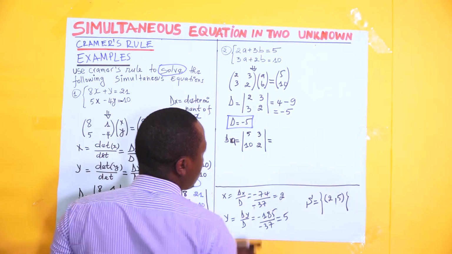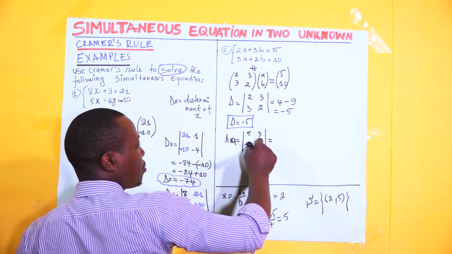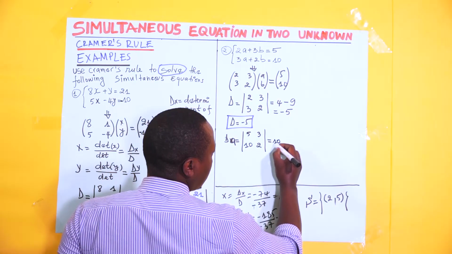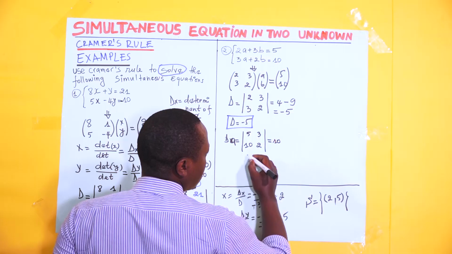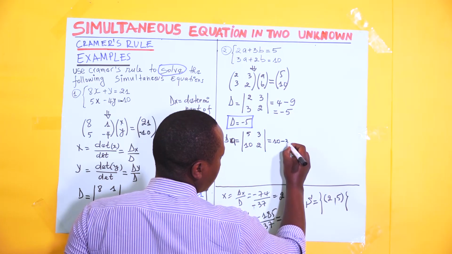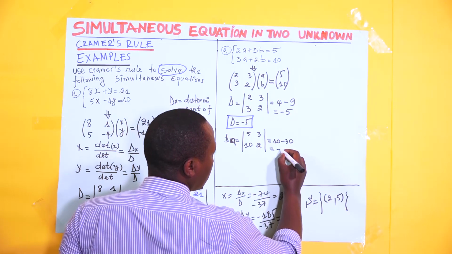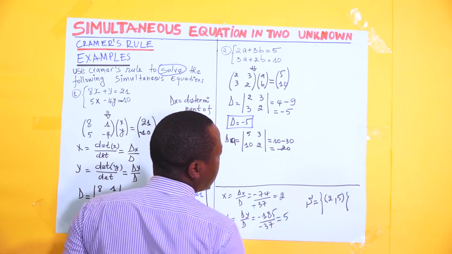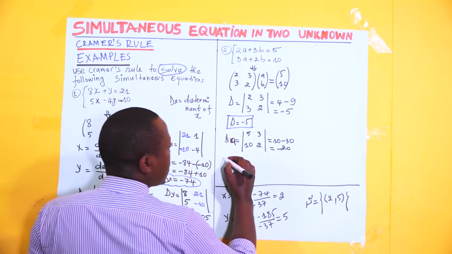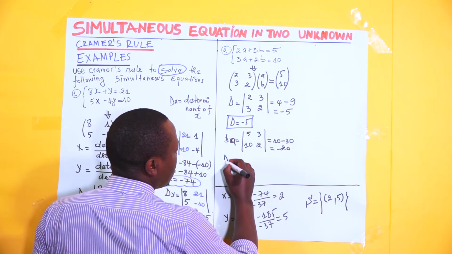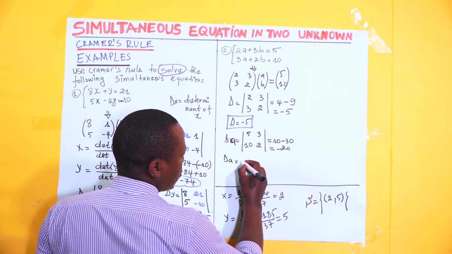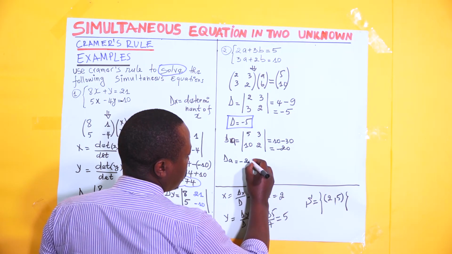So multiplication of this will give us 10, minus the multiplication of these numbers, which is 30. Then this is how much? This is negative 20. Right? So remember, the determinant for a equals negative 20.